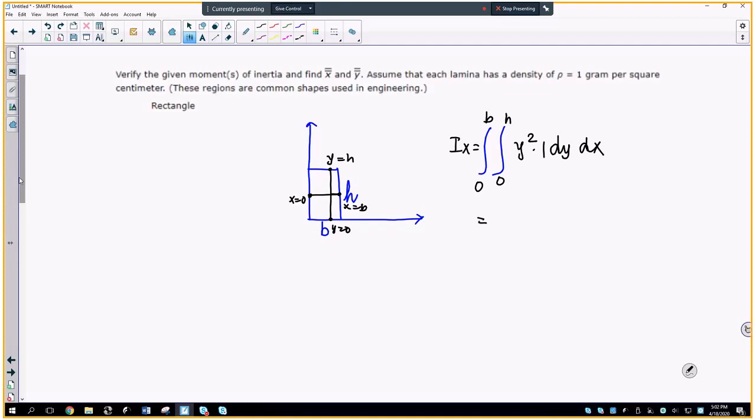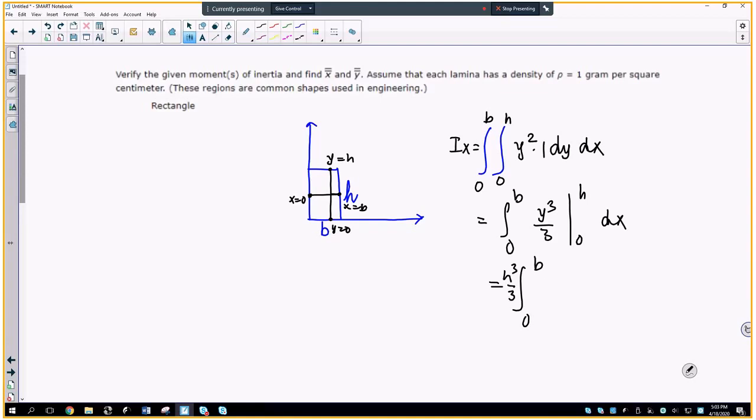This is going to be the integral from 0 to b of y squared's integral, y to the power 3 over 3 with the limits of 0 and h, dx. I can take the 1/3 out, and if I put h for y, there will also be a constant, so I take out h cubed over 3.